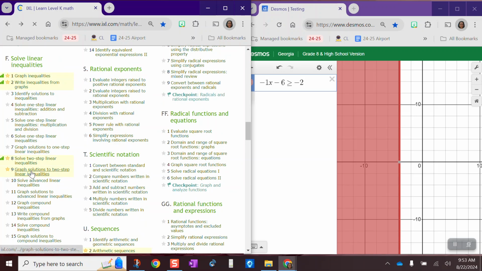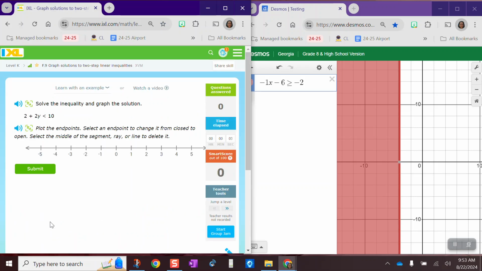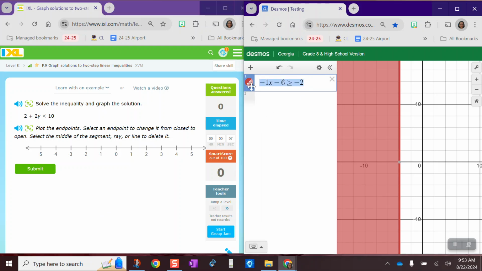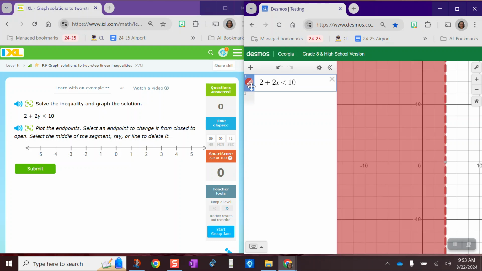Graph solutions to two-step linear inequalities. Solve the inequality and graph it. 2 plus 2x less than 10. Remember, Desmos is not going to like the y, so we have to call it x in Desmos.